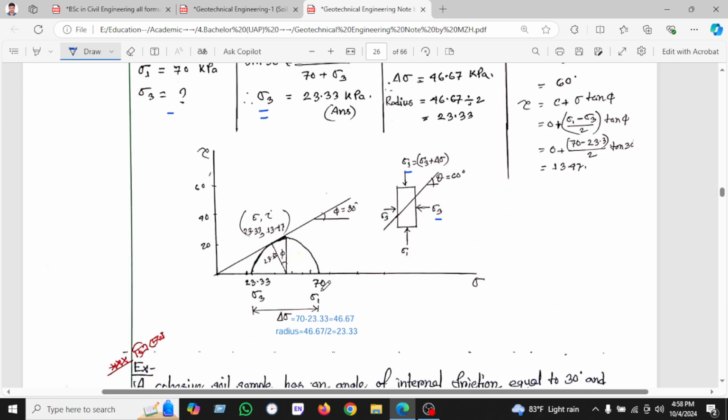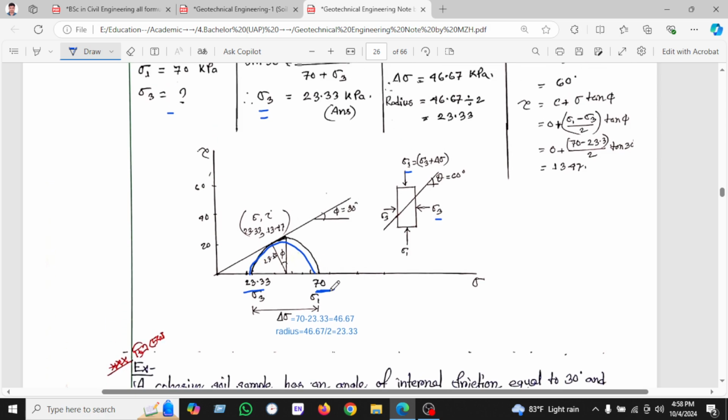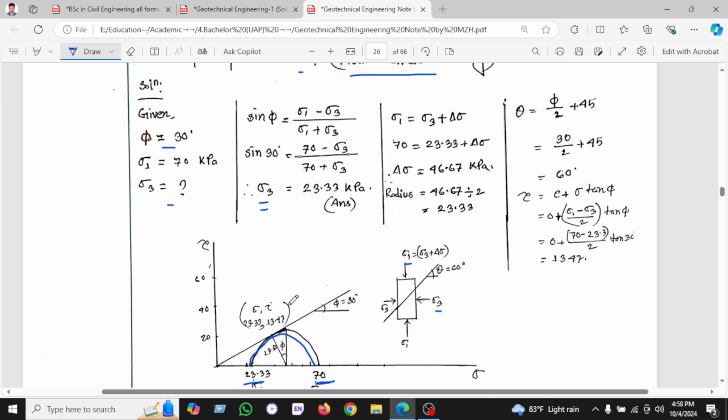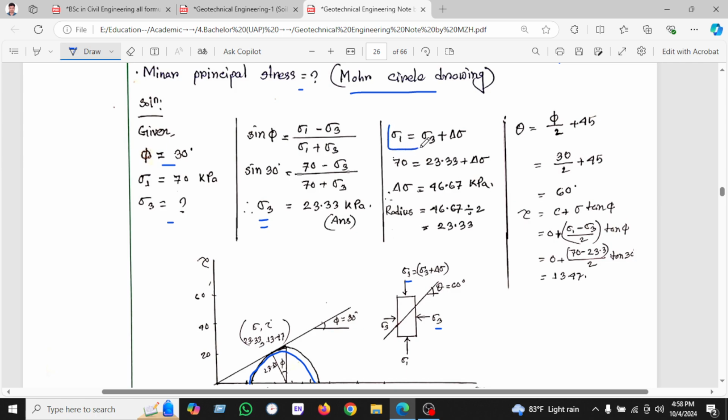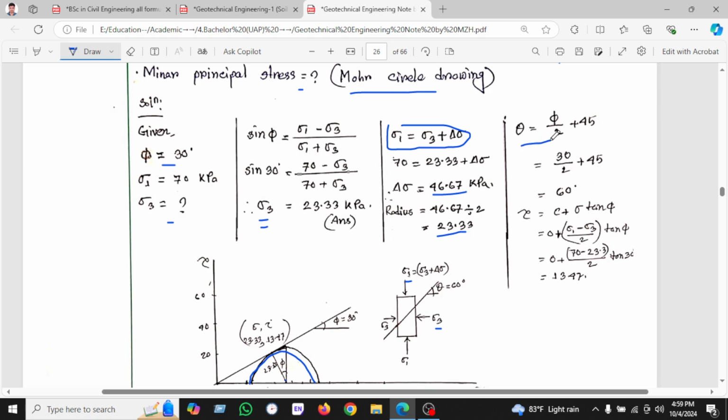Now if we draw this circle, this is σ1 and this is σ3, which we found as 23. The diameter will be 70 minus 23.33, which is 46.67. We use σ1 minus σ3, the Δσ, and found 46, and the radius will be the diameter divided by 2, which is 23.33. This is the radius, and θ will be 45 plus φ/2, and we found 60.